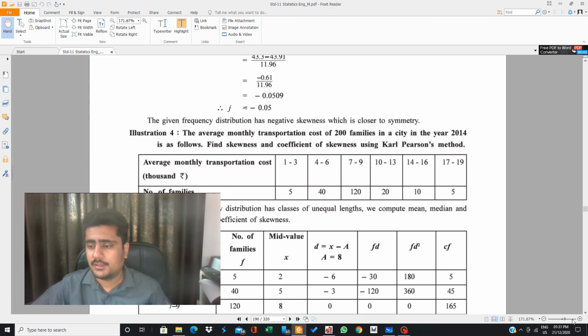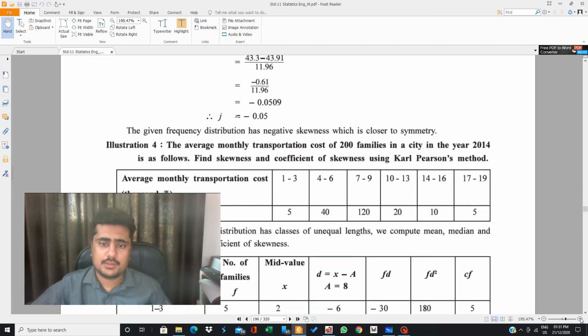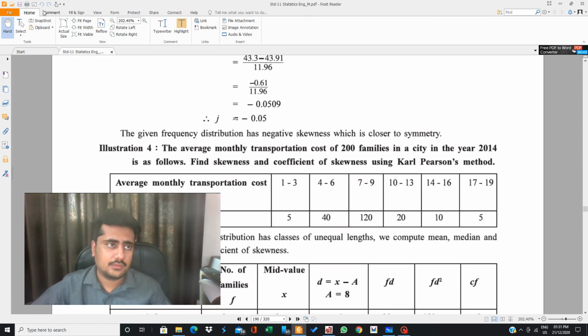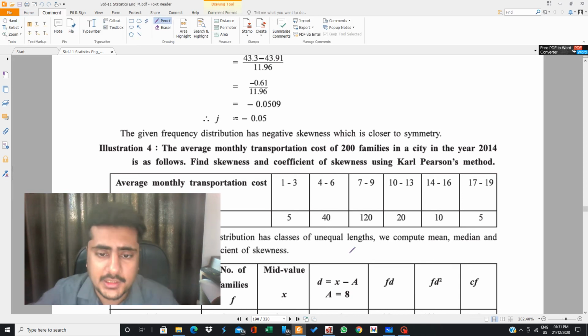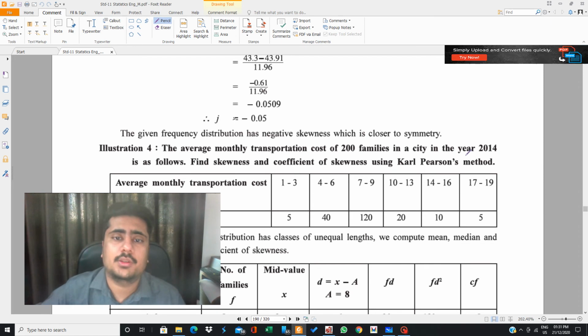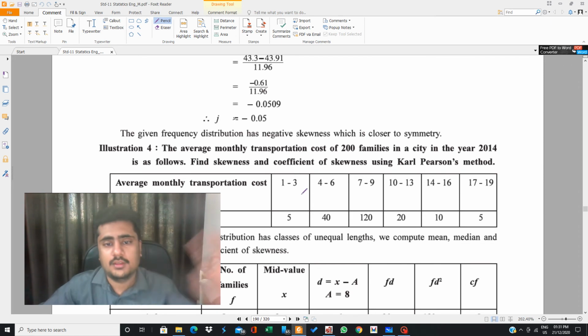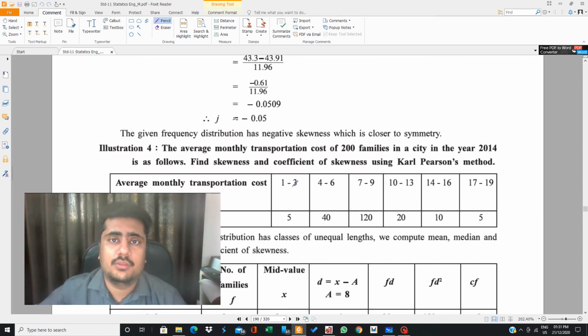See, as I told you, you have to see the class length. You have to keenly observe in some of the sums because they try to confuse you with the digits. Here, if you keenly observe, you can see that there is a difference somewhere.